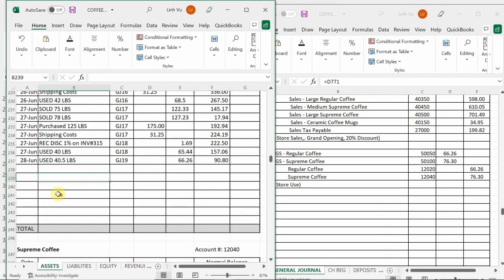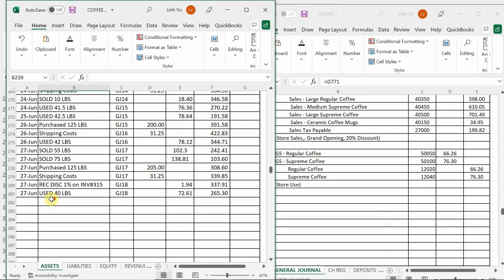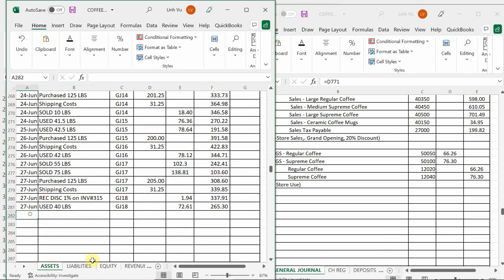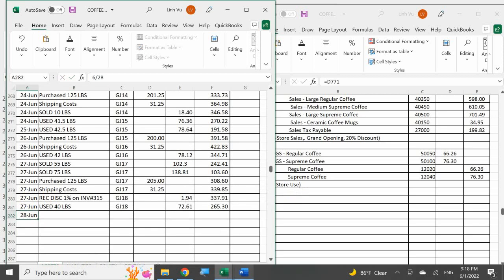Okay. And of course, I also need to update my account for Supreme Coffee because I used 41 pounds. Okay. And that gave me a total cost of $76.30.